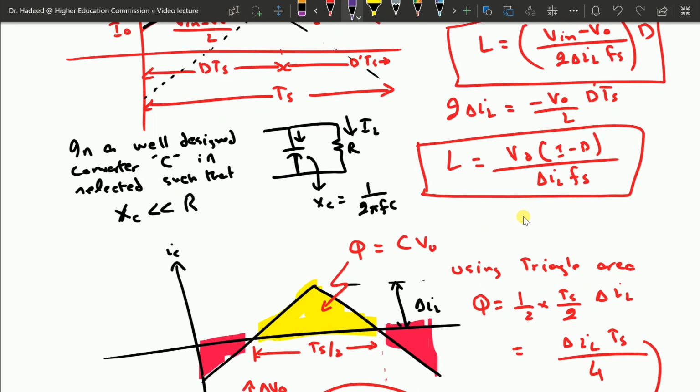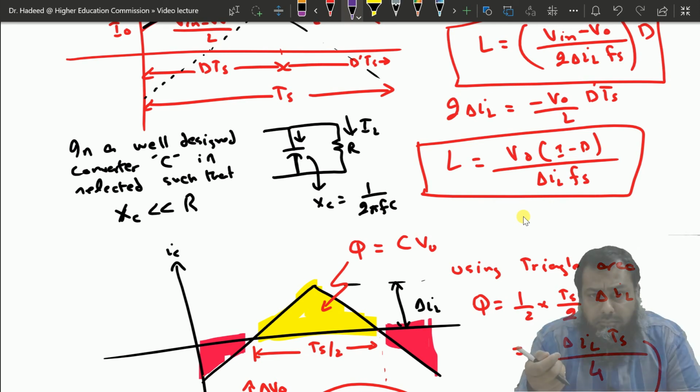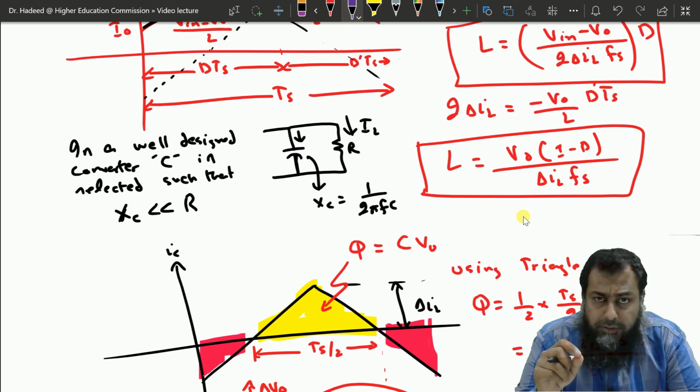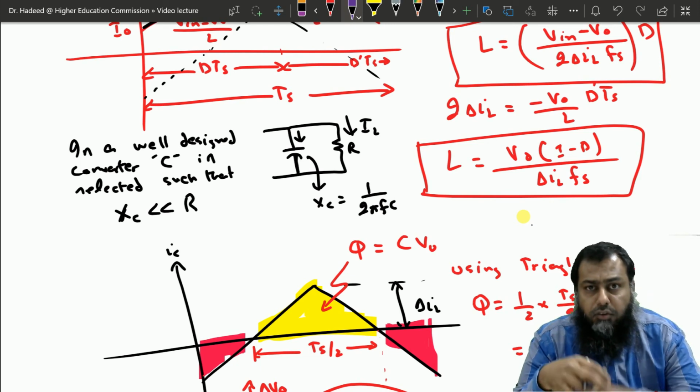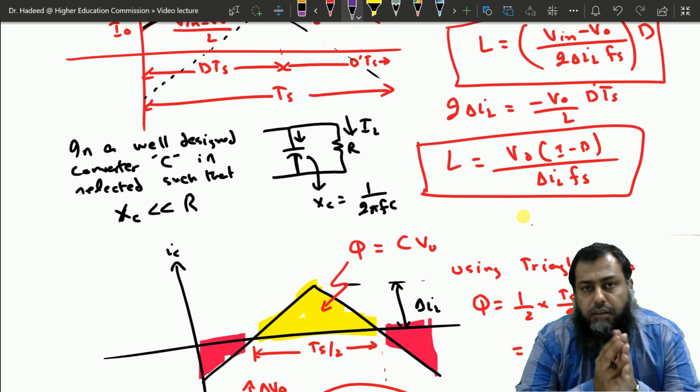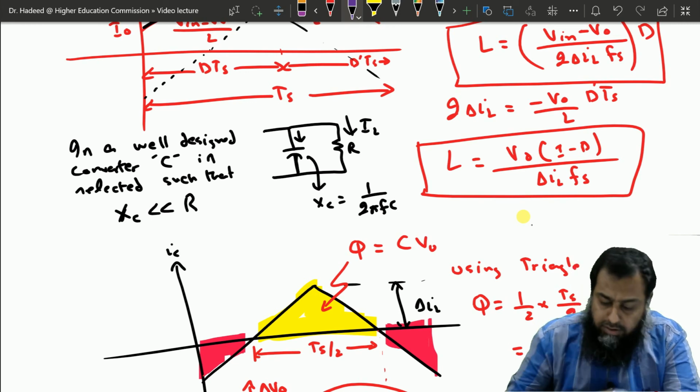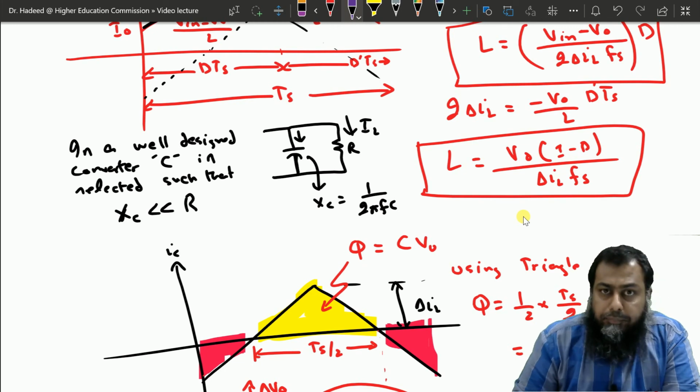So if delta IL is large, the inductance requirement is small, which means we get a reduction in the weight and size of the converter, which consequently increases the power density of the converter, right? This is the first thing we see when we increase this delta IL.